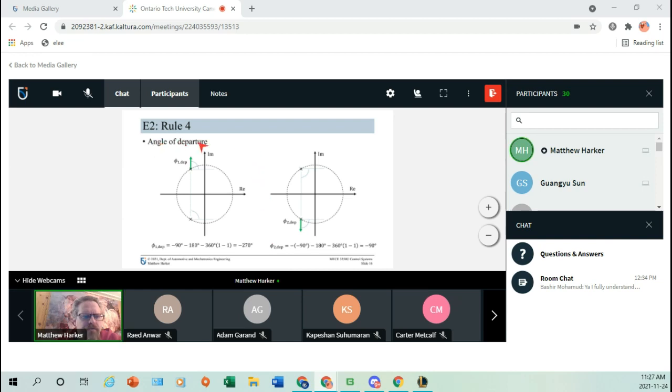Good. The angle of departure. This should be straightforward. We're interested in one angle of departure and we only have one other pole to deal with, so we can plug that right into the formula. We get a minus 270, which is essentially plus 90.